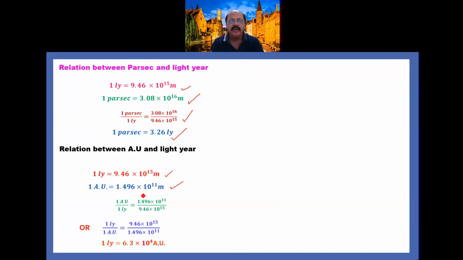Then 1 astronomical unit upon 1 light year equal to 1.496 into 10 is power 11 upon 9.46 into 10 is power 15, or 1 light year upon 1 astronomical unit equal to 9.46 into 10 is power 15 upon 1.496 into 10 is power 11. So when you solve it, you will get 1 light year equal to 6.3 into 10 is power 4 astronomical unit. So this is the relation between astronomical unit and light year.